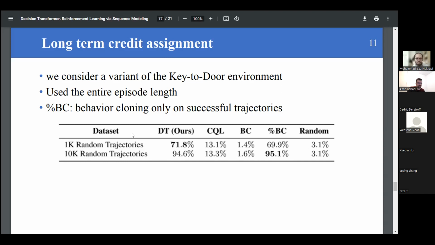The interesting part in this environment is that it needs to assign credit in the first stage of the episodes. So it's really a long-term credit assignment. And as you can see, even if decision transformers are trained on random policies, they are able to learn meaningful behavior.